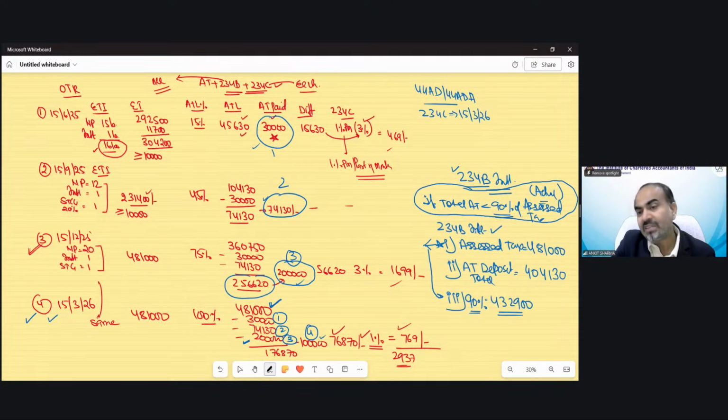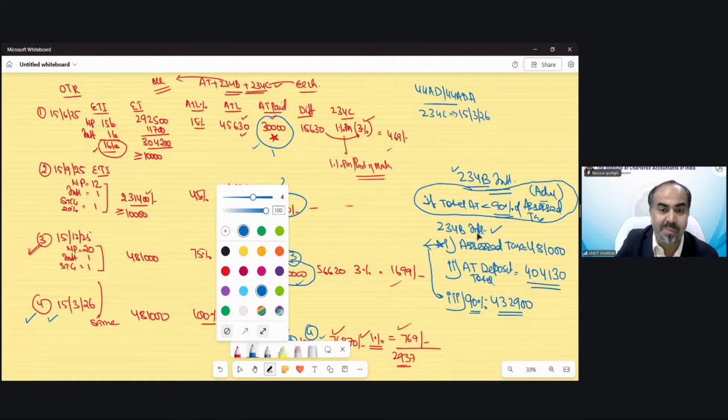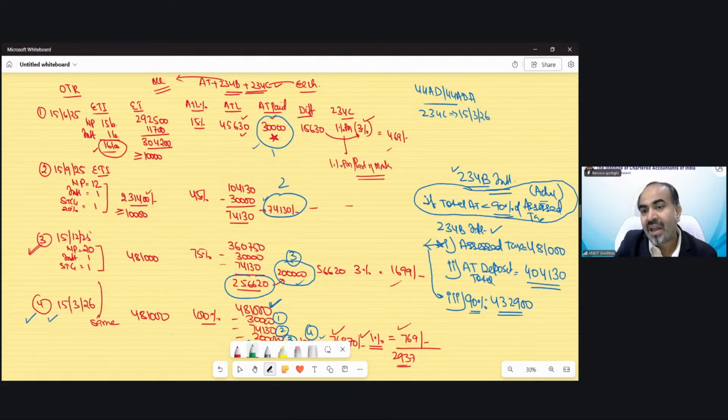So my advance tax should be at least 4,32,900, but the advance tax I deposited is less than 90% of my assessed tax. So advance tax is less than 90% of assessed tax.